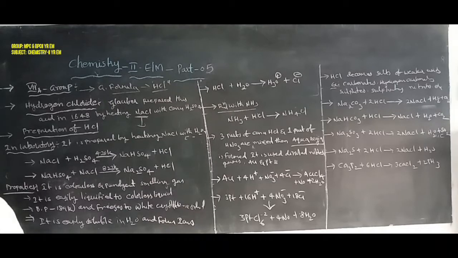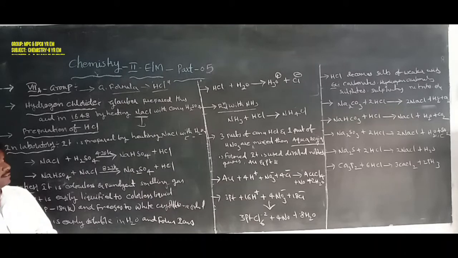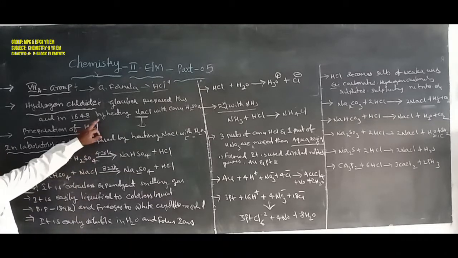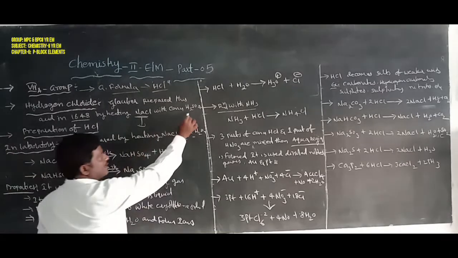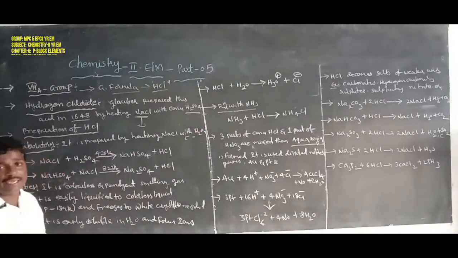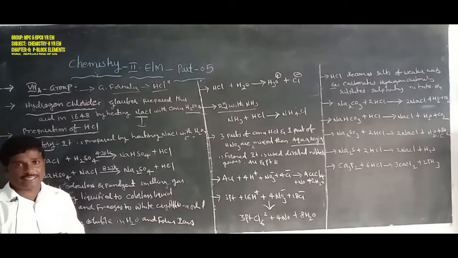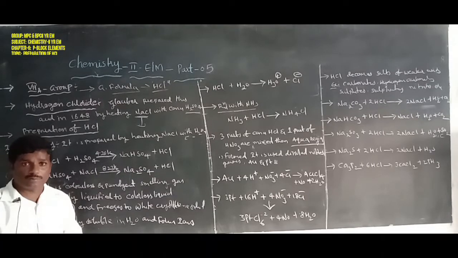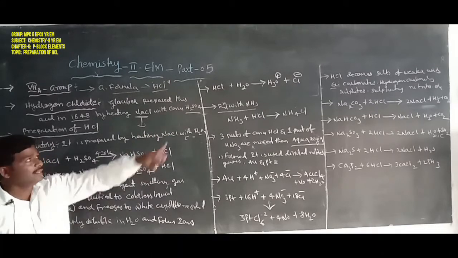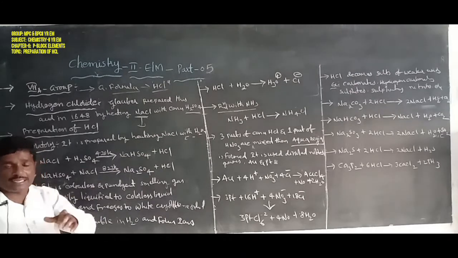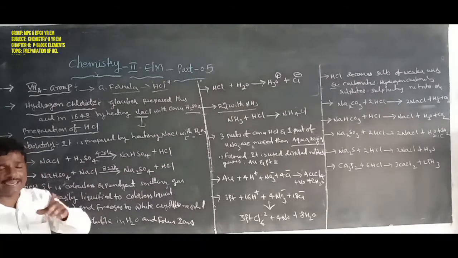Glauber is the scientist's name. Glauber prepared hydrochloric acid by heating common salt, sodium chloride, with concentrated sulfuric acid, H2SO4, which forms hydrochloric acid or hydrogen chloride.